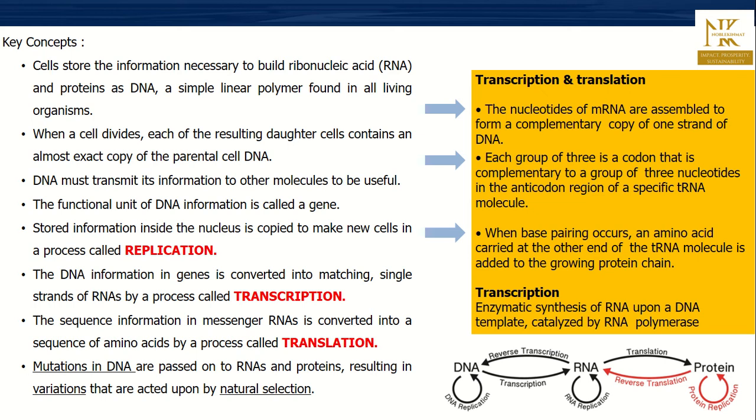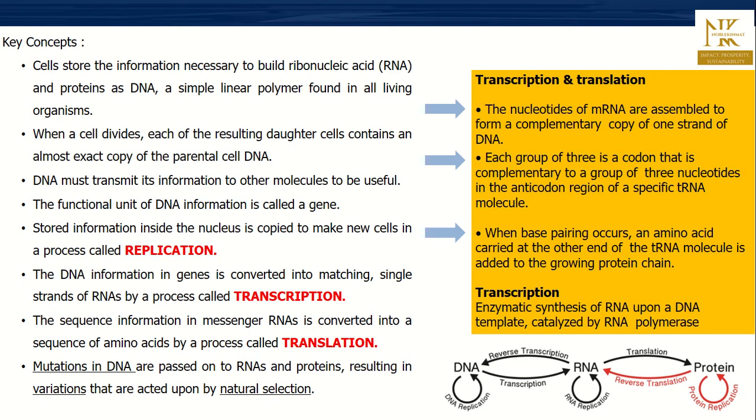Here, the cell stores the information, as we all know. The transcription and the translation process occurs, and the nucleotides of our messenger RNA are assembled from the DNA. All those processes, we all know them. During the process of replication or transcription or translation, mutations in DNA are passed.